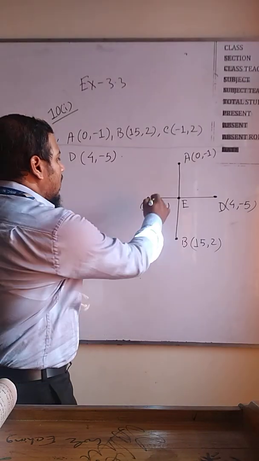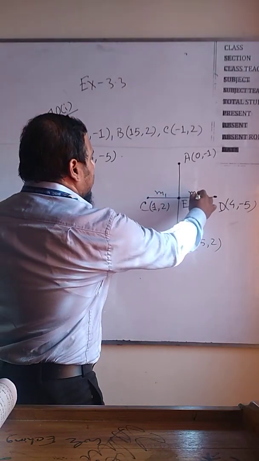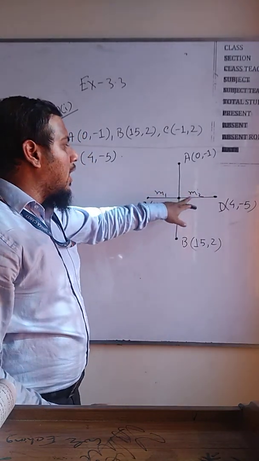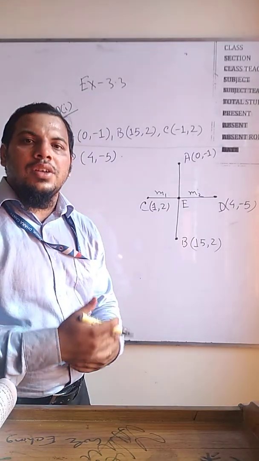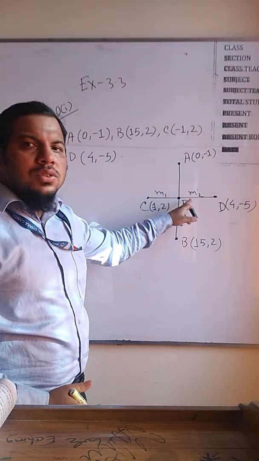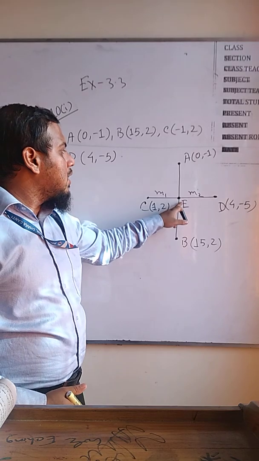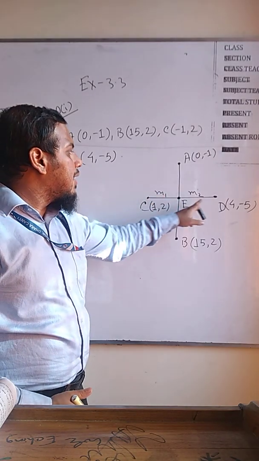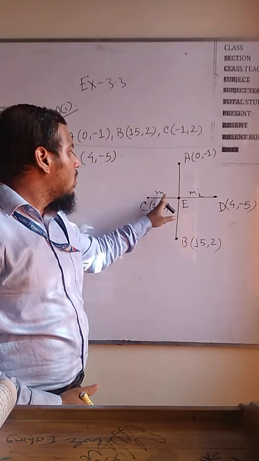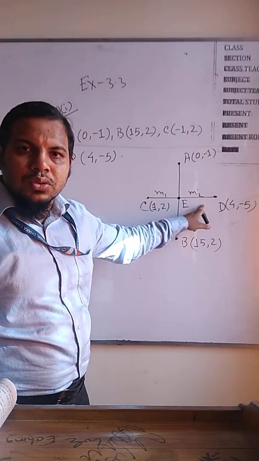That means you have to find out this M1 and M2, the ratio M1 is to M2. That means E divides the line segment CD in the ratio of M1 is to M2.